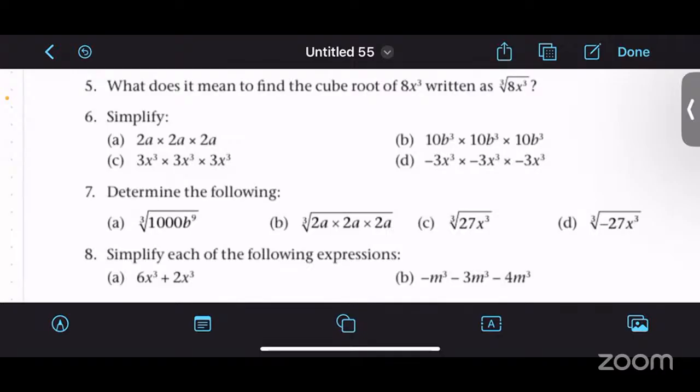Do you guys remember how we said we removed the roots or changed roots? Guys, are you with me? Ma'am, what's the question?